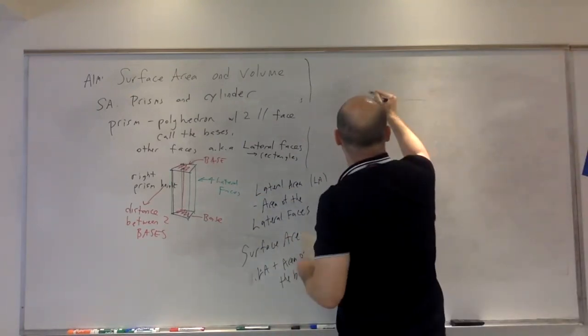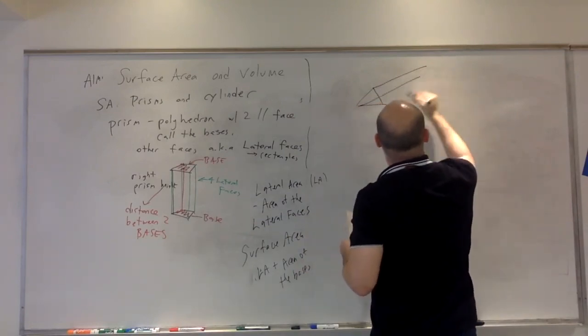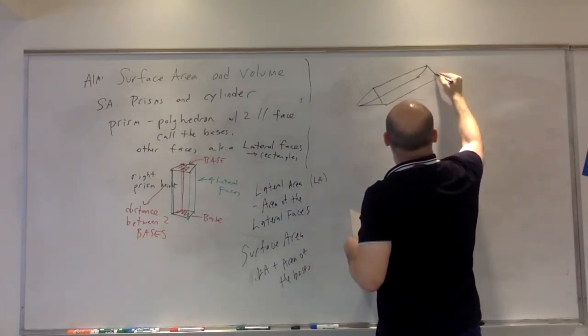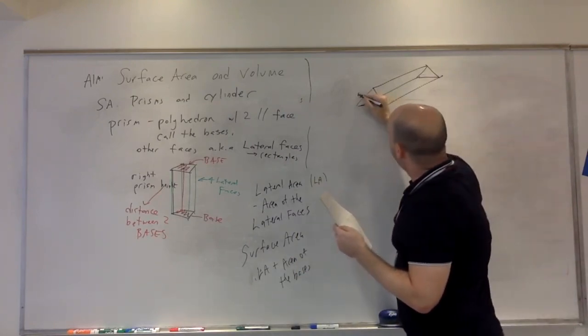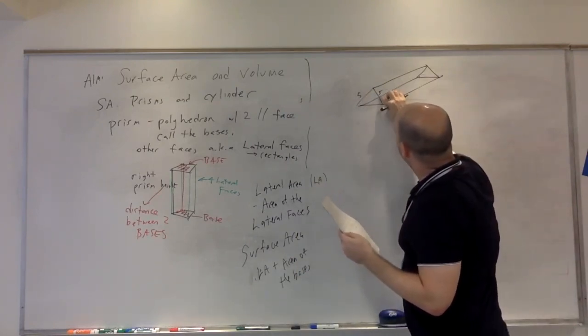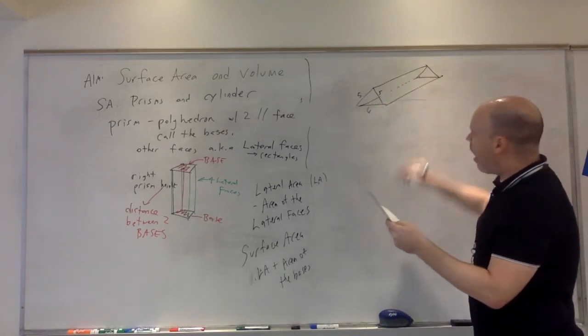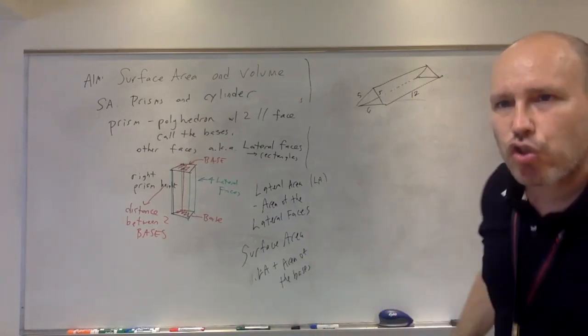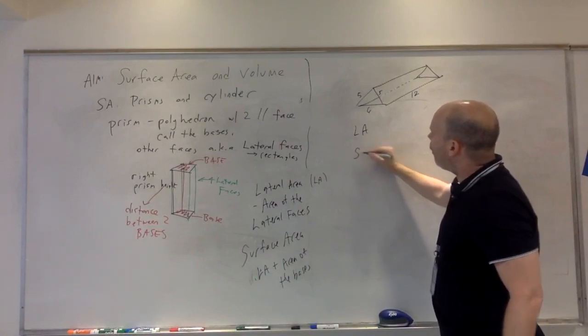Let's do an example. Here's a triangular prism. We're told that the bases have dimensions of 5 by 5 by 6, and it has a height of 12. So the question is, what is the lateral area, and what is the surface area?